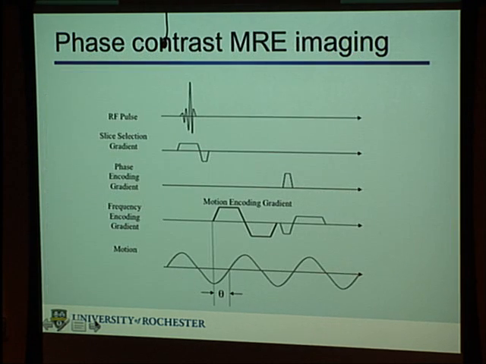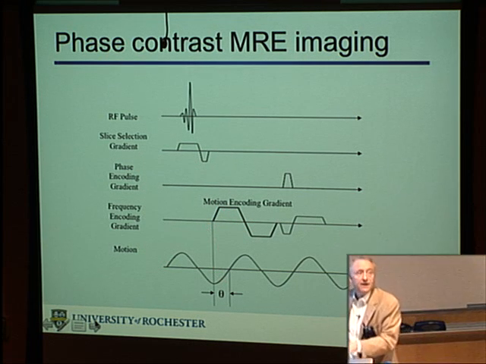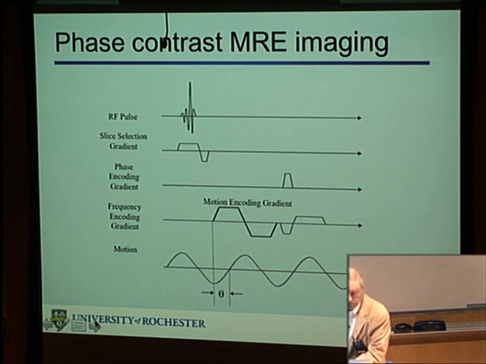And I know everyone in here is not an MR expert, but for those of you who are used to it, I'll just say that basically you do your frequency encoding and time it with the motion that you're imposing. You're exciting the shear waves. You control that 100 hertz, and then you synchronize your MR data collection to that, and you'll collect it. You'll do the math, basically, and you'll get a result.